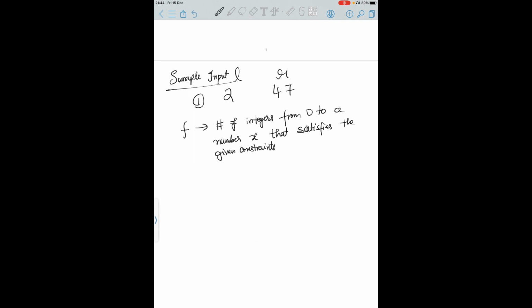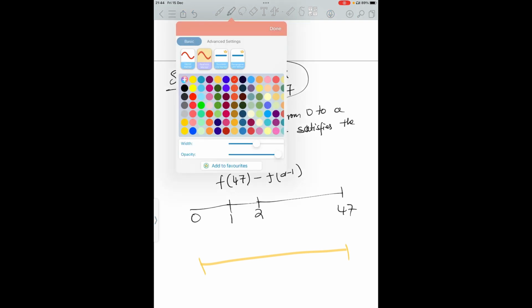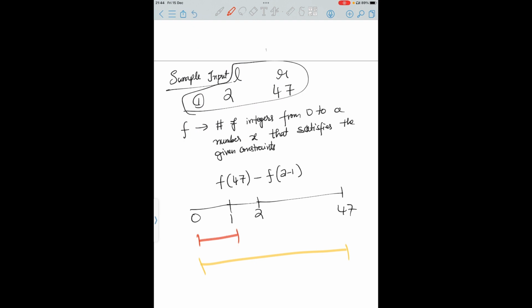Then for this input, we can say that the answer would be f of 47 minus f of 2 minus 1, because if we know the answer for 1, that is 1 less than 2, and for 47, suppose this denotes the range from 0 to 47 and this denotes the range from 0 to 1.